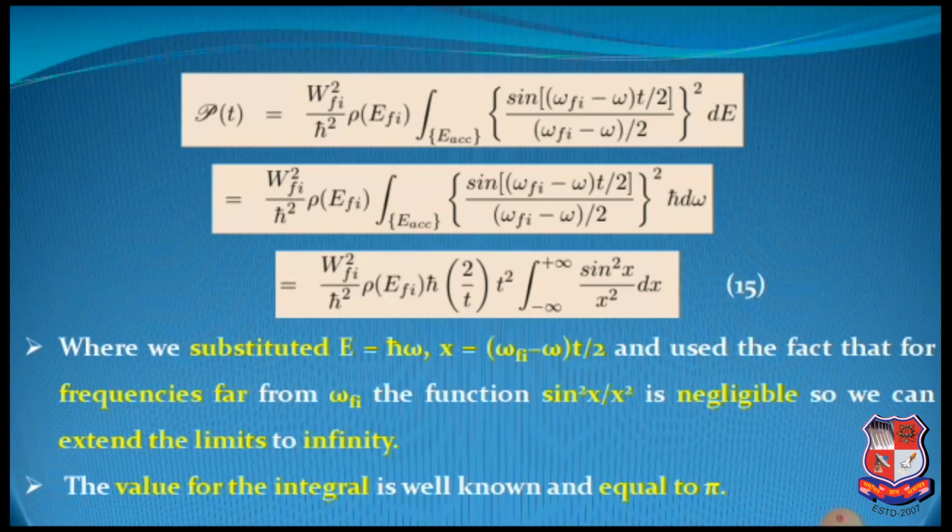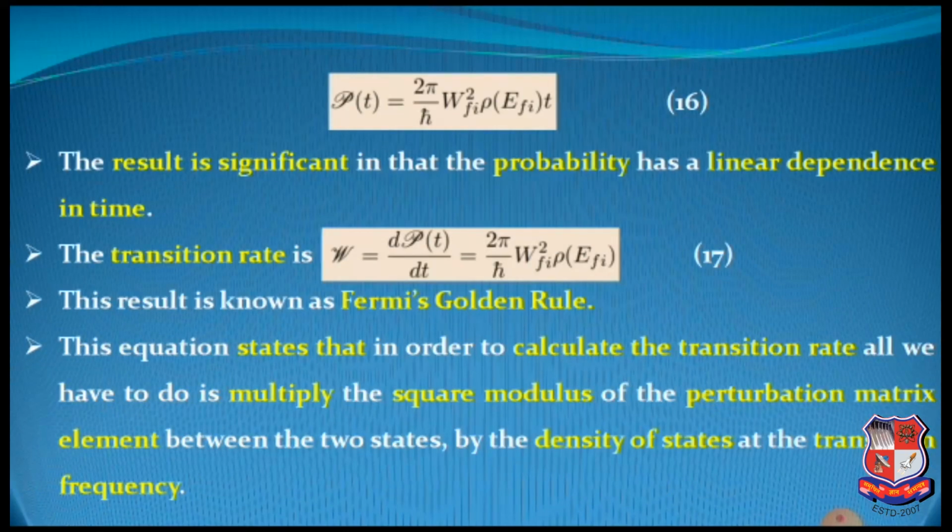The value of the integral is well known and it equals pi. So rho(t) is equal to 2 pi upon h cut |Wfi|² rho(E fi) t, that is equation number 16.